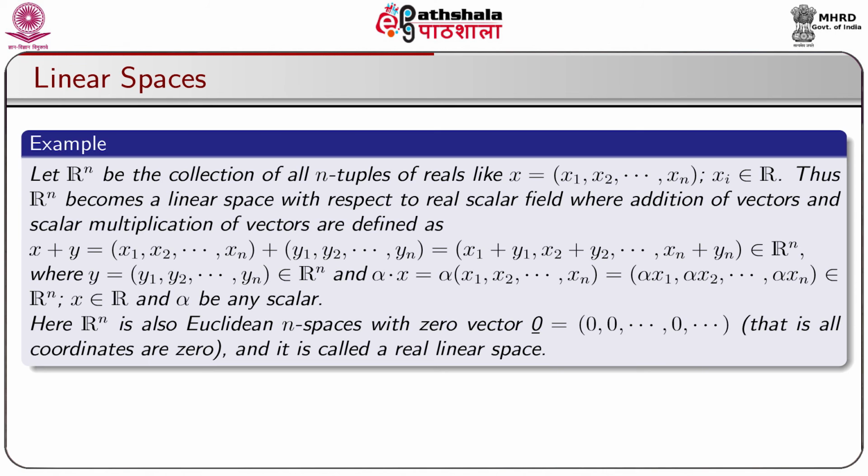Here Rn is also Euclidean n-space with 0 vector equal to (0, 0, ..., 0), that is, all coordinates are 0, and it is called a real vector space or real linear space.